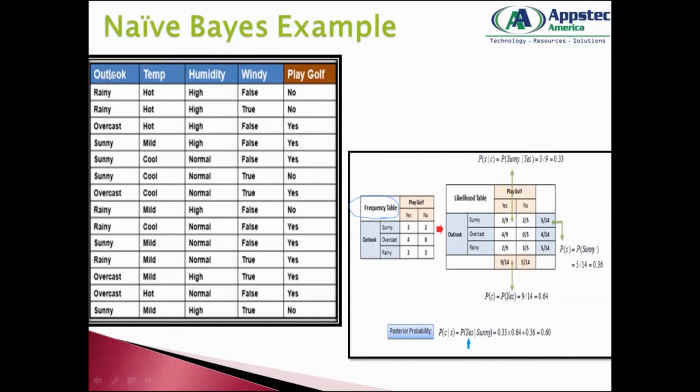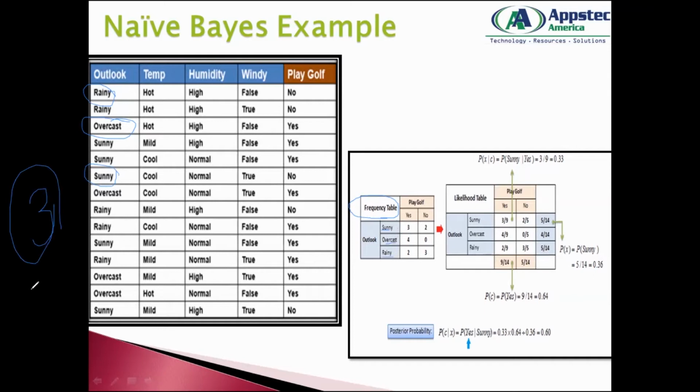My outlook is one of the atmospheric conditions. Under outlook, I have three unique categories: rainy, overcast, and sunny. So in the frequency table, I took outlook as an attribute and mentioned all three unique categories.